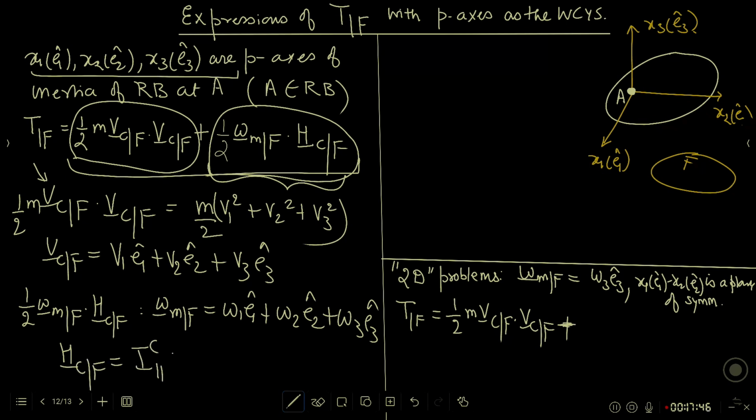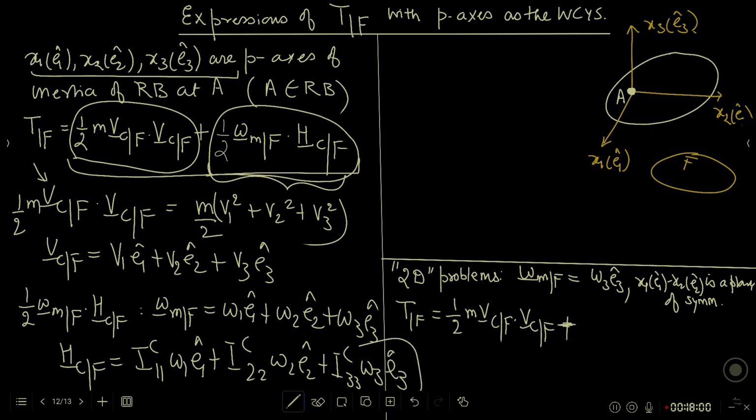Now keep in mind that HCF would have had 9 terms on the right hand side in general, but right now I'm having only 3 terms because I know that these 3 axes are the principal axes.